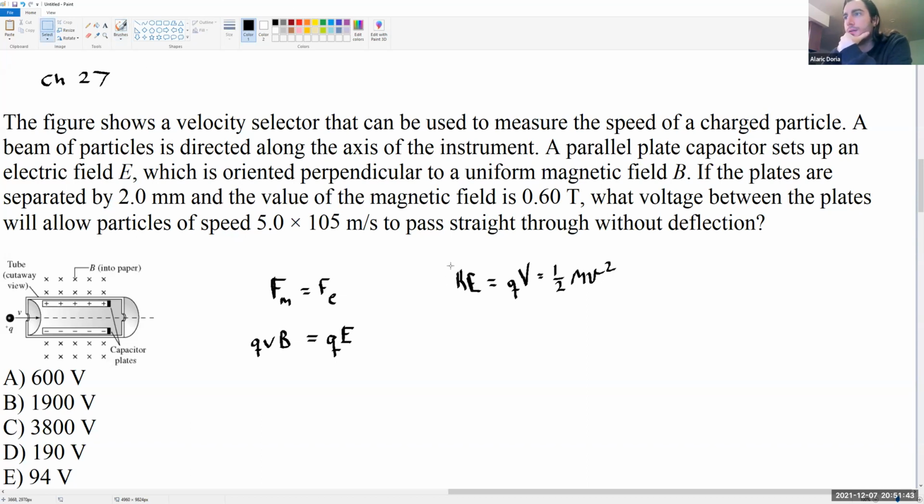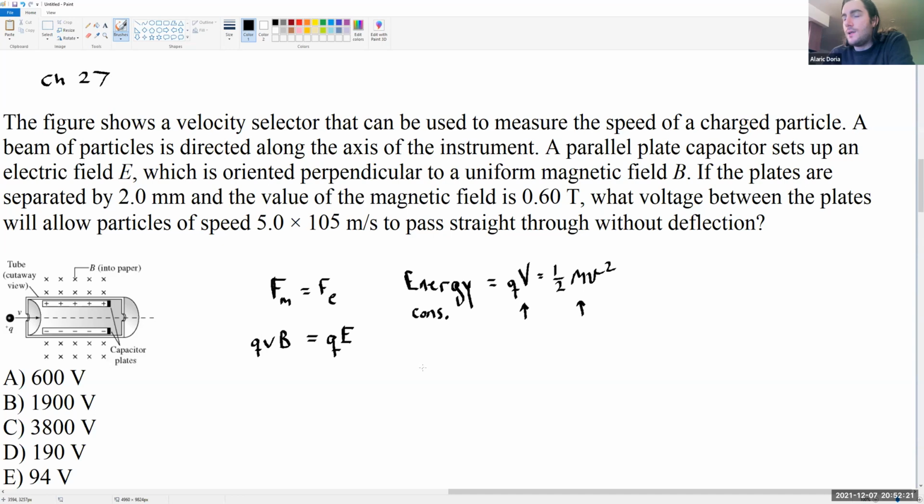Whoops, let's get rid of the K there. Let me actually write this E here as energy because we have electric field and energy here in the same problem, being possibly relevant. So this one right here is potential energy, and then this one over here, it's going to become kinetic energy. So this is actually energy conservation here.